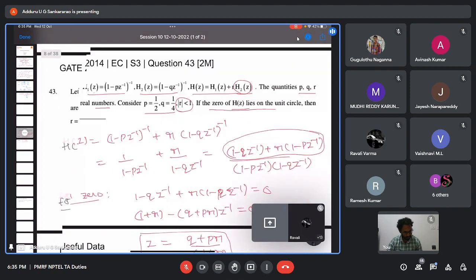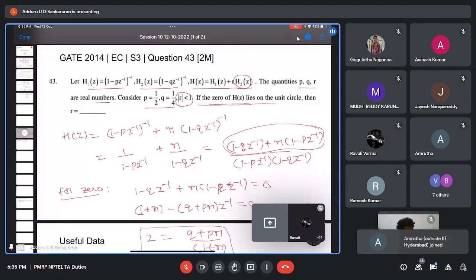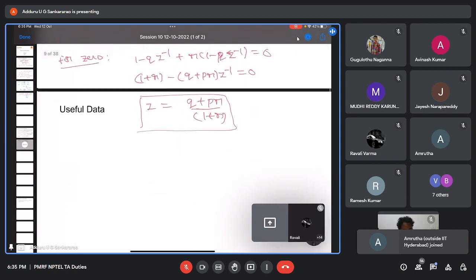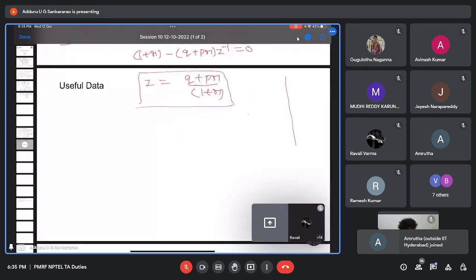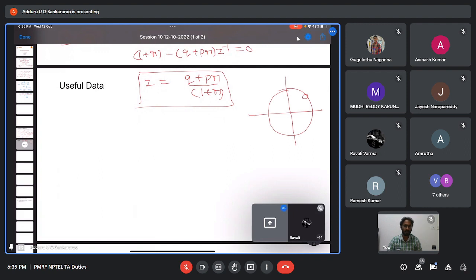Now, in the problem, it was given that the zero of H of z lies on the unit circle. That means if this is the z plane and this is the unit circle, the zero can be anywhere on the unit circle. Okay, that means mod z should be 1, right?